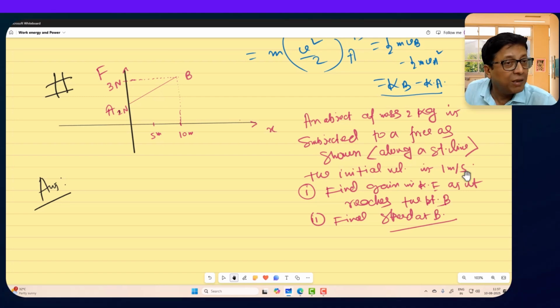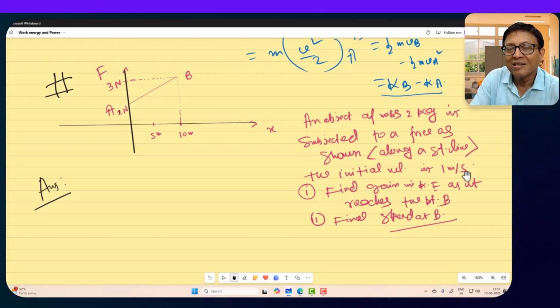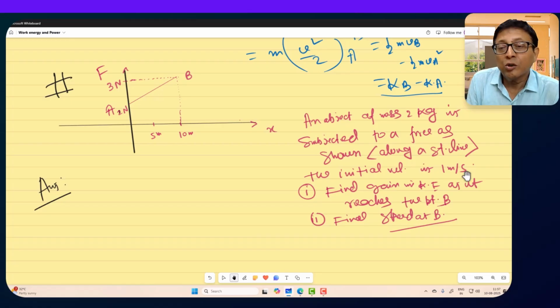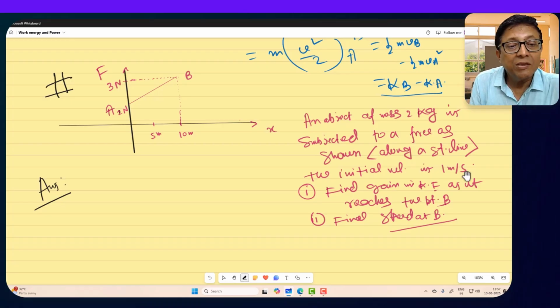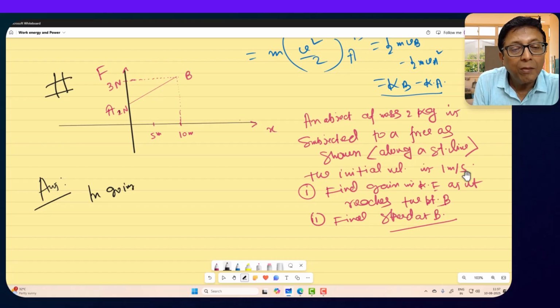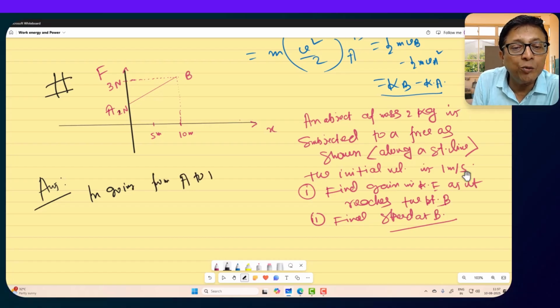That area under the curve, the F-x curve, is the work done. Work done is the change of K, that is final K minus initial K. So let us do it here. It goes from A to B. In going from A to B, can you calculate the work done?